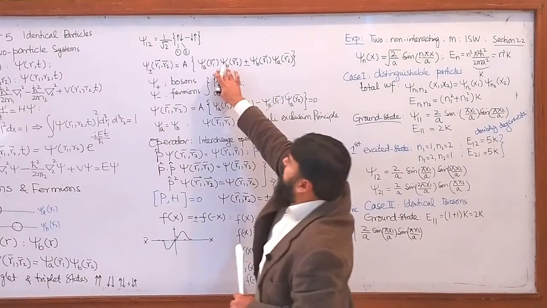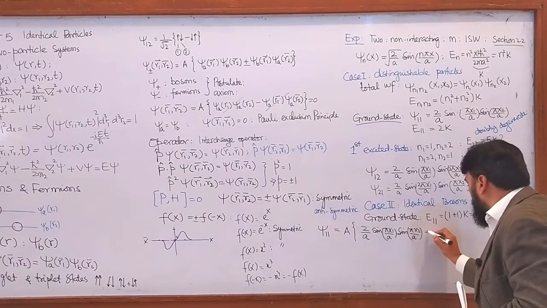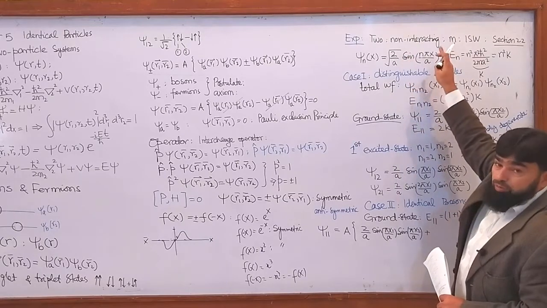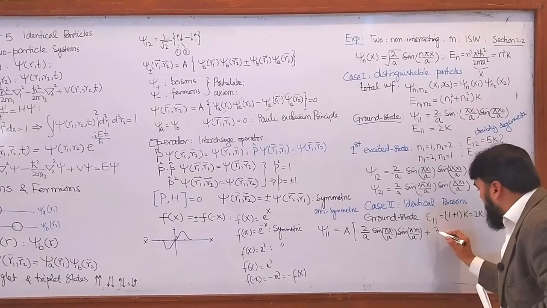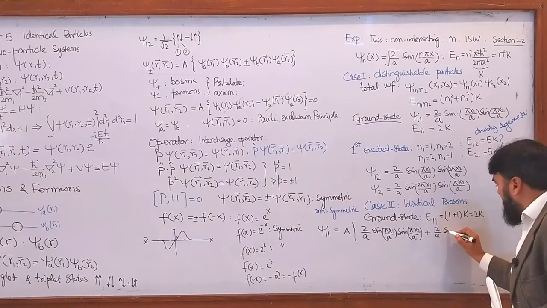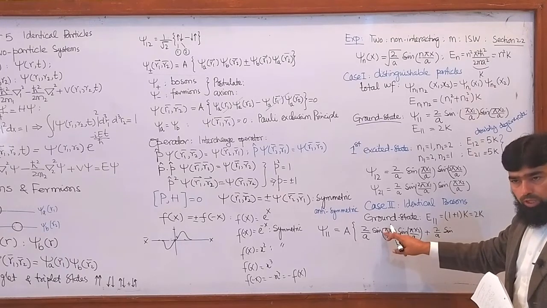This is this part. Then plus 2 over a from here and 2 over a from the next. So we will have again 2 over a, then sine, and n1 is 1, and n2 is 1.